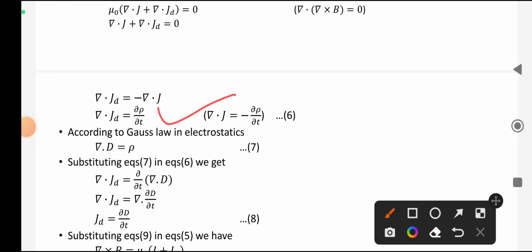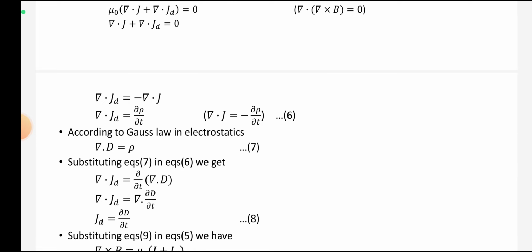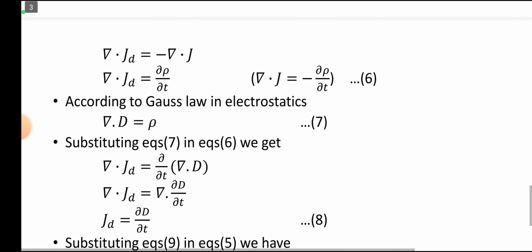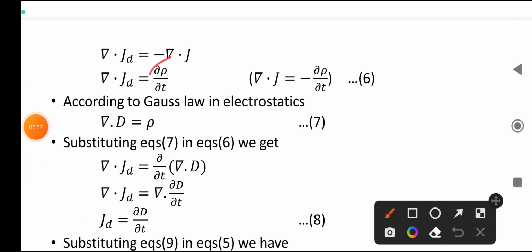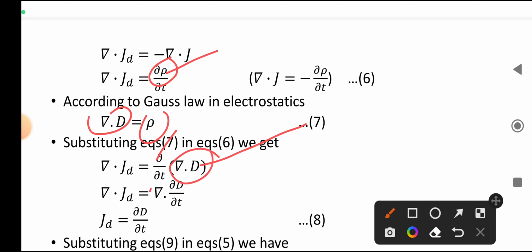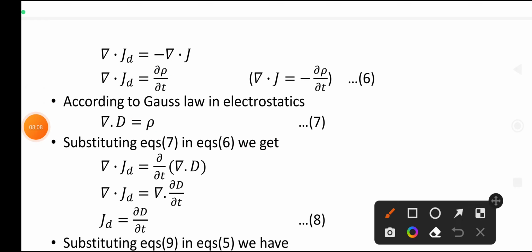Next, according to Gauss law in electrostatics, the differential form is del dot D is equal to rho. So in the place of rho, substitute del dot D, and multiply dou by dou t inside.